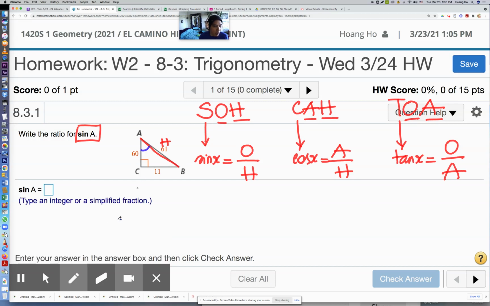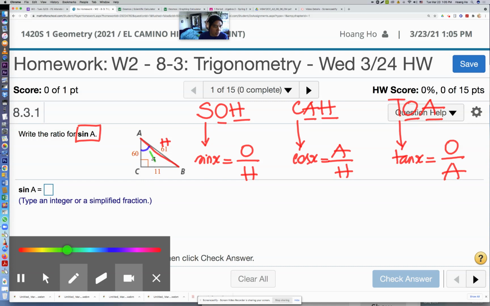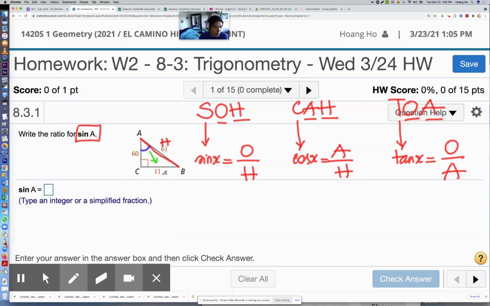If you're talking about angle A, opposite is 11 and adjacent is 60. Adjacent means next to. But since 61 is already the hypotenuse, the side 60 right here has to be adjacent.